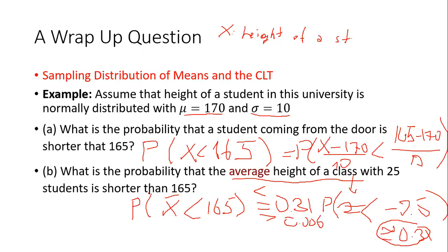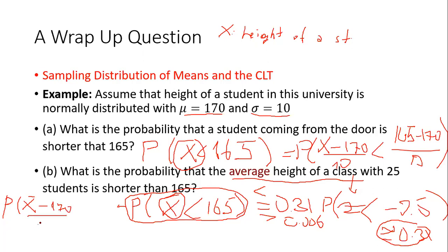How do we find it again? Well, X bar is normally distributed because the distribution of X is normal. But even if X is not normally distributed, we can say that X bar is approximately normally distributed, from the central limit theorem. So how to find this probability? Remember, we said probability that X bar minus mu of X bar, which is 170, divided by 10 divided by root 25.